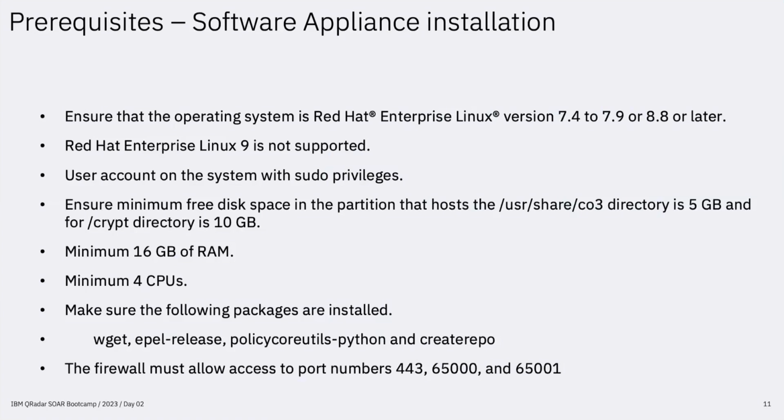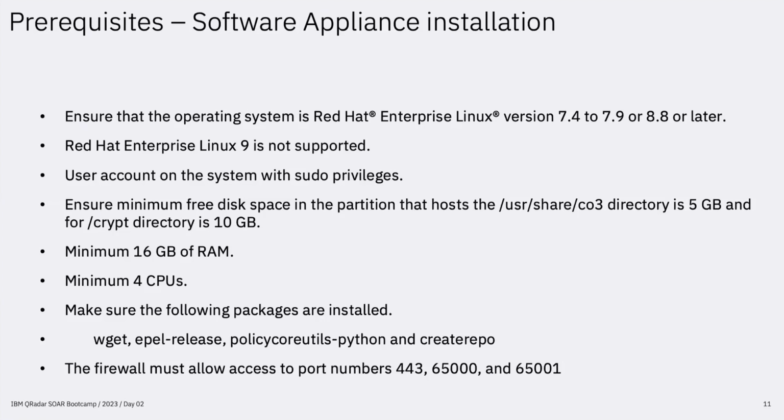Now typically resadmin, which you will find in the virtual appliance installation, in software installation, you need to create this user with sudo privileges. Here also, you will need minimum of 4 CPUs and 16 GB of RAM. And there are certain packages that you need to install. Those are wget, epel-release, policycoreutils-python, and createrepo.